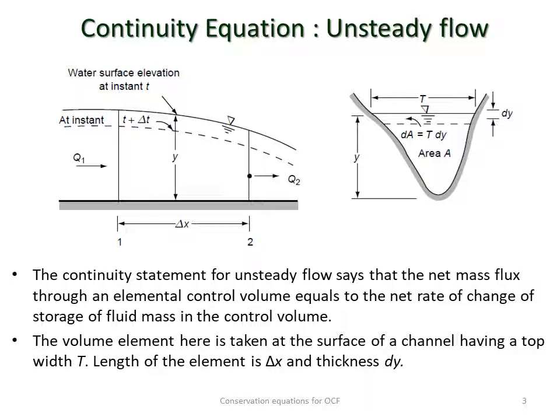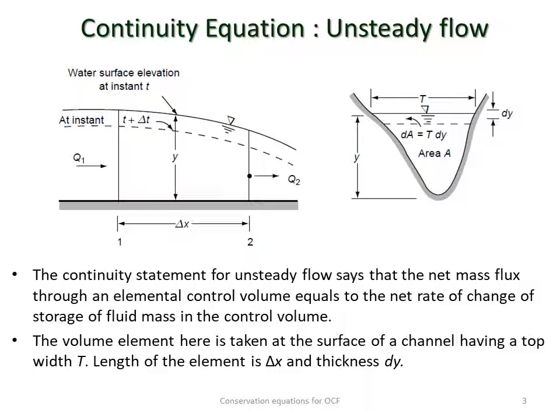So to analyze the unsteady flow in open channel, let's focus on the diagram here at the top. This diagram shows a longitudinal section and a cross section of an open channel. You can see that the cross section is that of an arbitrarily shaped open channel where an element has been taken at the surface. The element is of elementary cross section dA, which is equal to the top width, given by capital T, into the thickness of the element, that is dy.